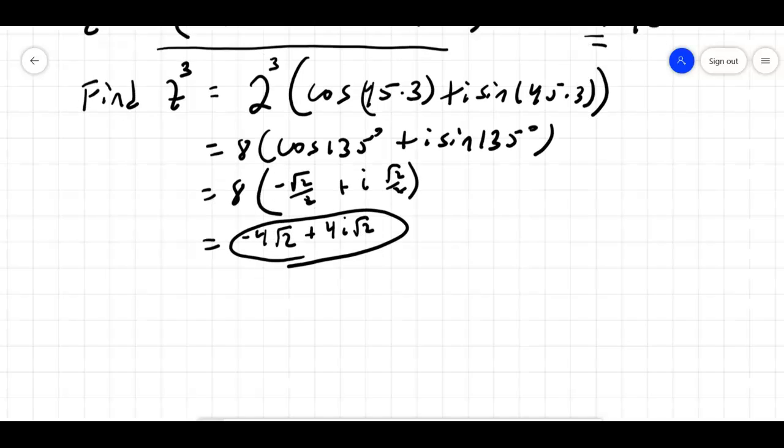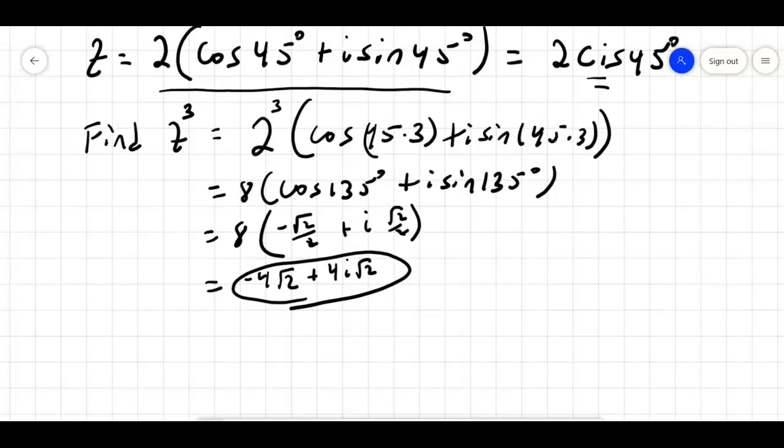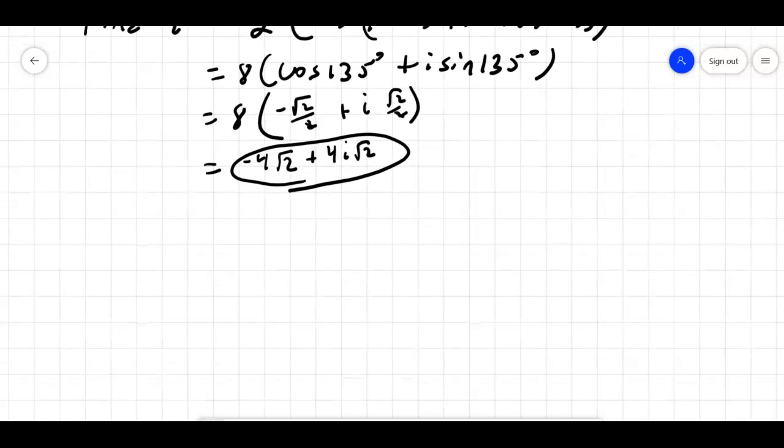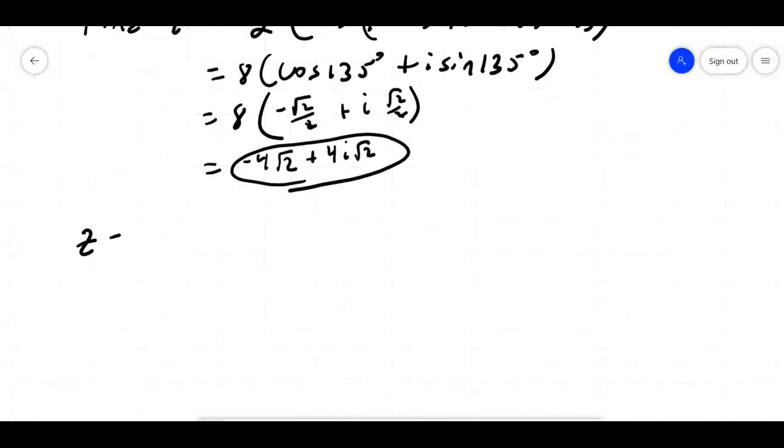Okay, and then the second type is where you have to put it in trig form. See this one up here, this already was in trigonometric form. Now there's another type. Let's say it was z equals negative 2 plus 2i root 3. And so this is what you did in 8.2.